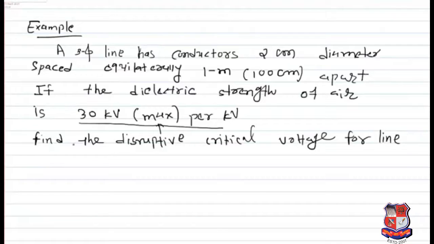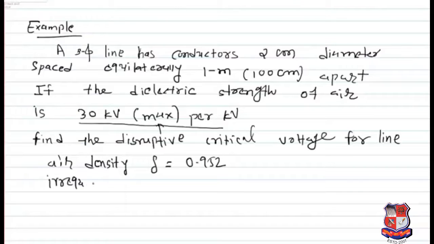Another data, delta means air density, which is given 0.952, and the irregularity factor, which is given 0.9, is the value of m0.